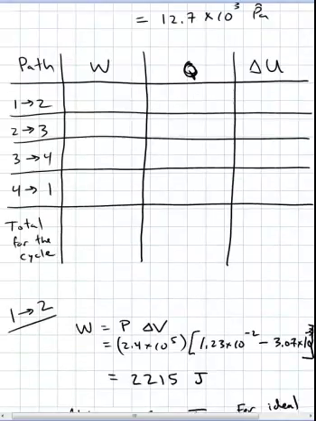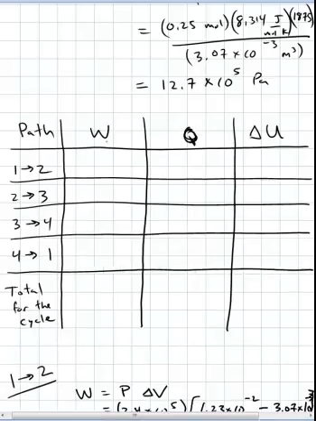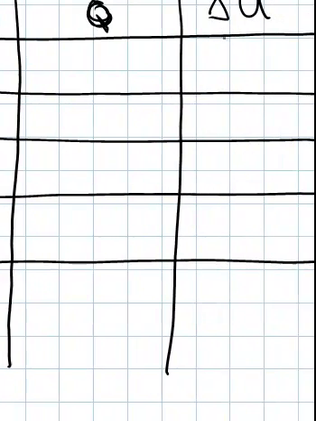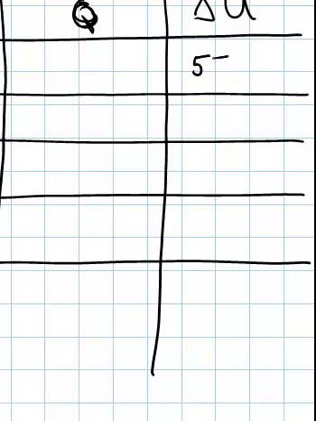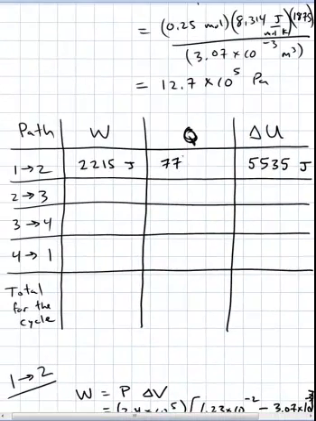So I can go back up and put these numbers in. The work done from 1 to 2 is positive 2,215. Delta U, 5,535 joules, and Q, 7,750 joules.